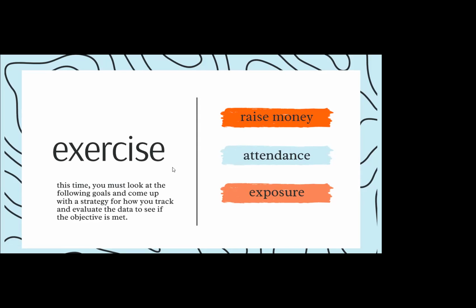Next one, attendance. How would you go about tracking attendance, and what sorts of things do we need to consider when it comes to tracking for this goal? Anybody have any ideas for the attendance primary goal?